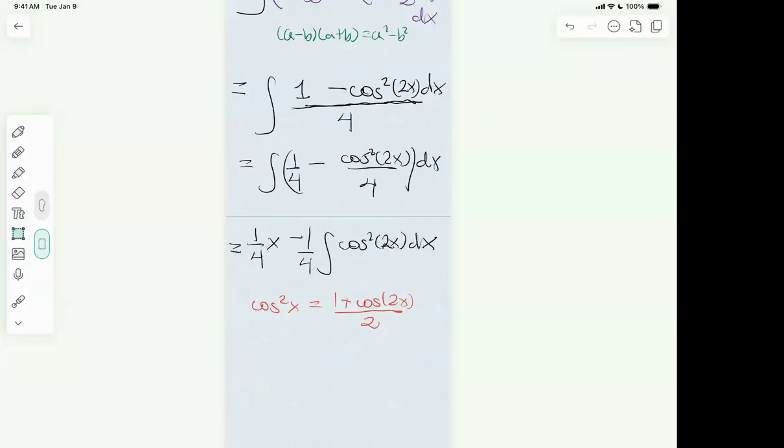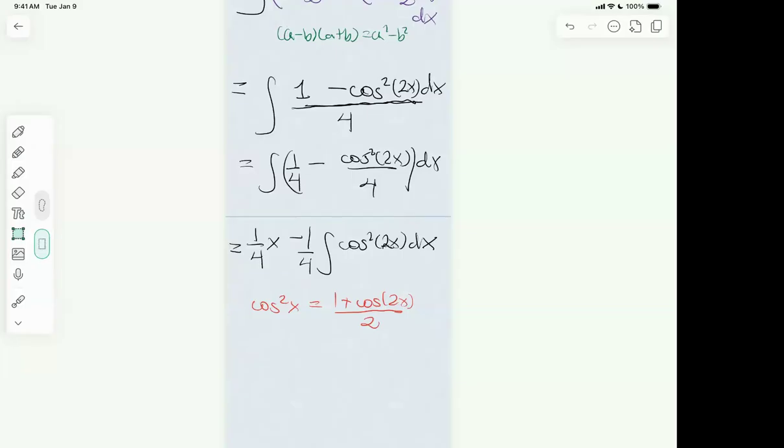It relates the square of the cosine with the cosine of twice the angle. Here the angle was x, and the angle here is 2x. But if the angle is now 2x, the angle here should be 4x. Or call this theta and then put theta equals 2x, if you want an intermediate step.